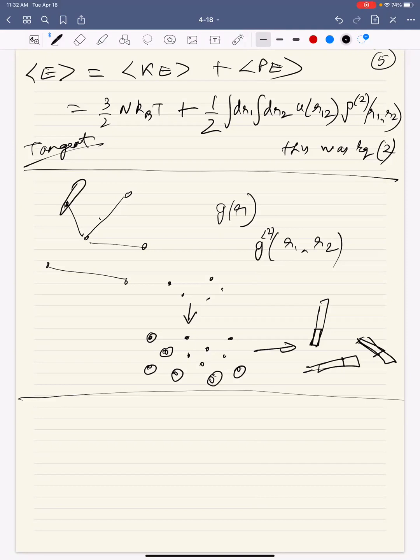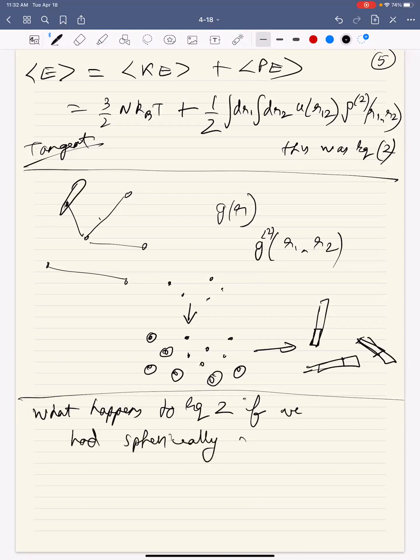Let's come back to what happens to equation 2. What happens to equation 2 if we had spherically symmetric molecules?